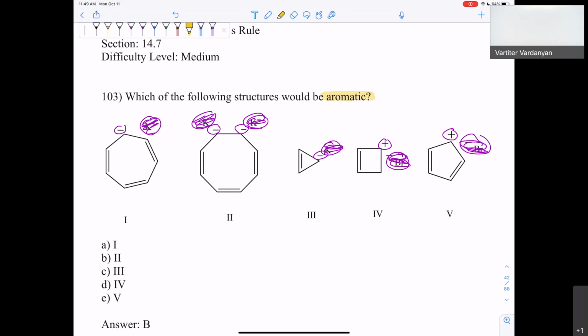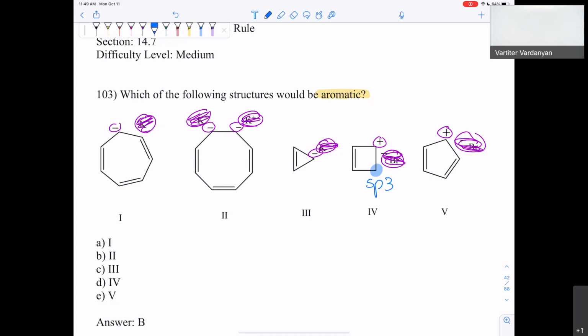Because I've stared at these molecules for like ever, the first thing I see is that guy. That guy is disgusting. He's sp3. And sp3 means what? Non-aromatic. Cool, but we're looking for aromatic, so this one is automatically out.